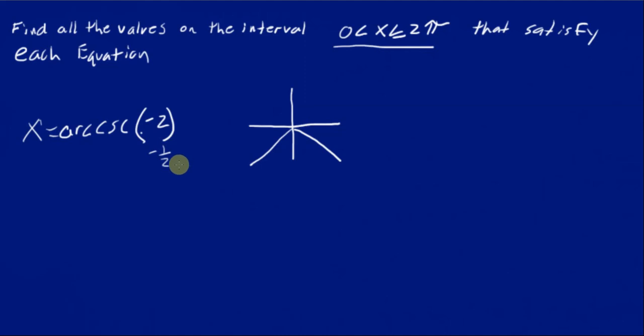Now, what reference angle has the sine of 1/2? And that is going to be a pi over 6, or 30 degrees. So this one here is going to be 6 pi over 6 plus 1, or x equals 5 pi over 6. And over here, that's 1 less than 12 pi over 6, so we're looking at 11 pi over 6.